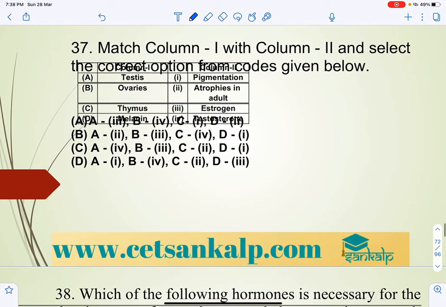Next, match column 1 and 2 and select the correct answer. Generally the testes play a major role in androgen production, right?